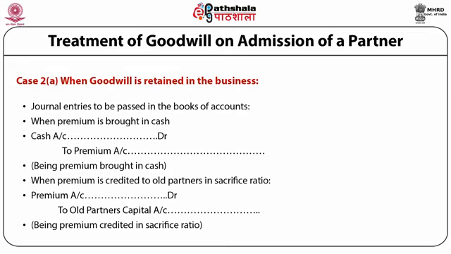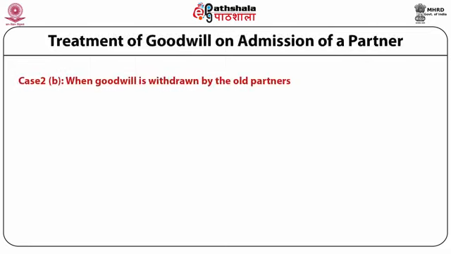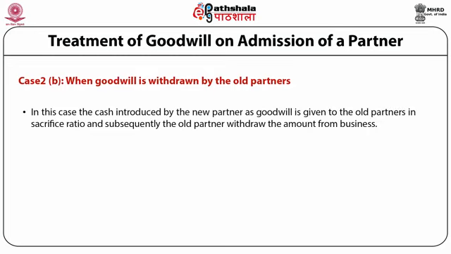When goodwill is withdrawn by old partners, in this case, the cash introduced by the new partner as goodwill is given to the old partners in the sacrifice ratio. Subsequently, the old partners withdraw the amount from the business. The following entries are passed in this case.